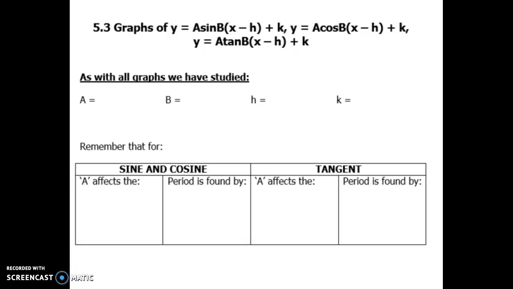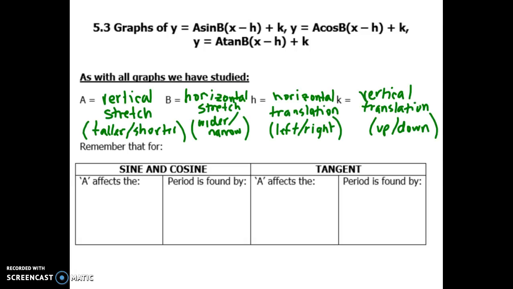So here we're getting into A, B, H, and K. So please write this down. So again, this is your A, your B, your H, and your K. You should have a pretty good idea of what they mean by this point. Let's look then at a little bit in terms of sine, cosine, and tan. So A affects the amplitude. And remember that the amplitude is actually the absolute value of A, because the amplitude value is always positive.